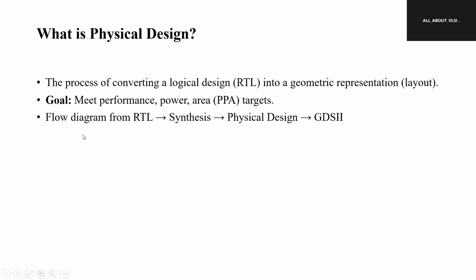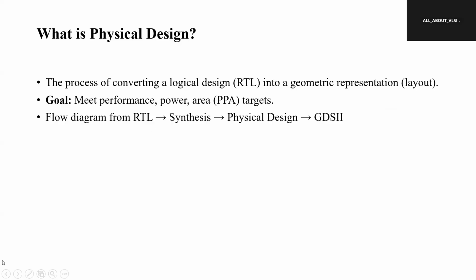This is the process of RTL to GDS2 file. RTL is the input, the first step in physical design, and GDS2 is the output file, right? I think you are familiar with the full forms of RTL and GDS2, right? Please stop the video and comment down what the full forms of RTL and GDS2 are.